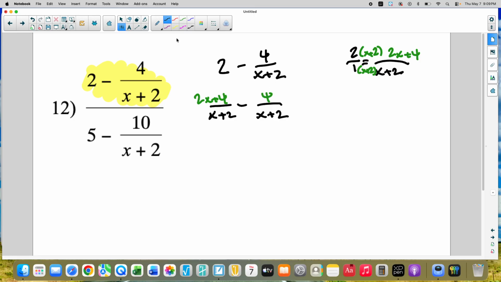So now we can put them all over the same. You have 2x plus 4 minus 4 all over x plus 2. And that simplifies to 2x over x plus 2. So this numerator simplifies to 2x over x plus 2.